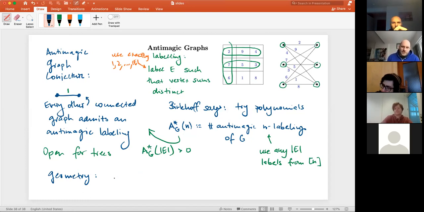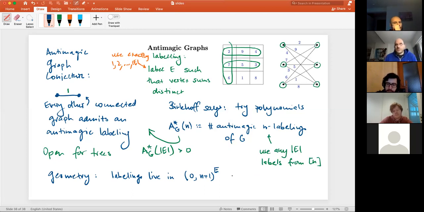So these labelings live in a cube, correct? Just like in the chromatic case, let me take the open cube from 0 to n plus 1. So this is the cube in the edge space, correct?